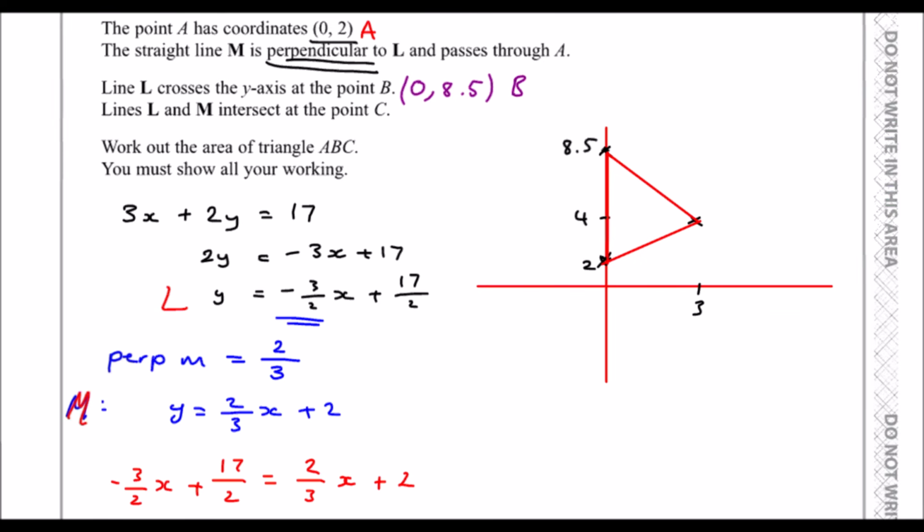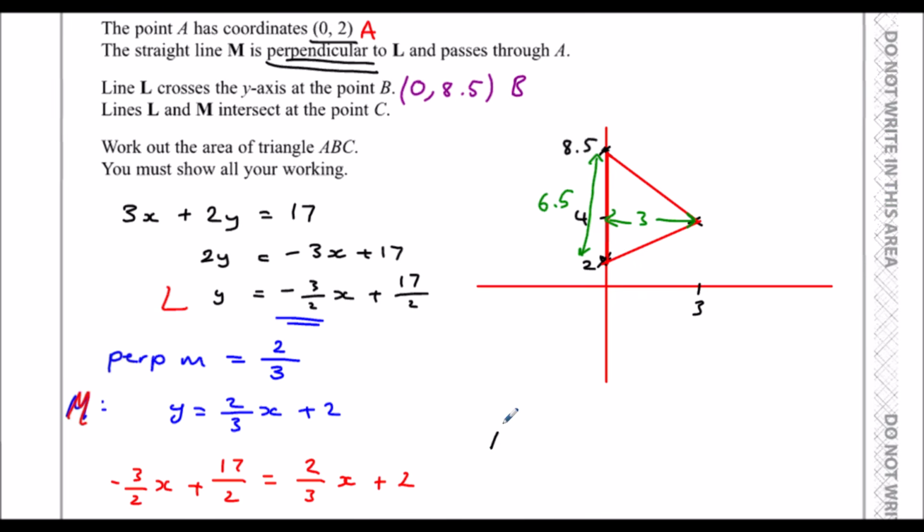The area of a triangle is, well, we can use half times base times height. So between 2 and 8.5, that length there is 6.5. And between 0 and 3, we've got a height of 3.